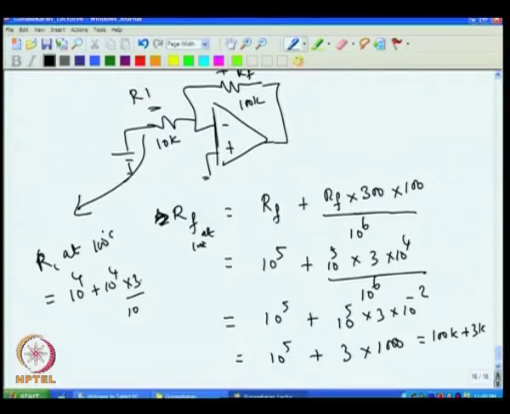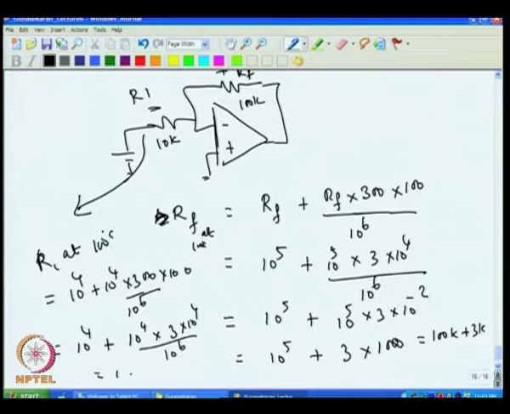So, 300 in 10 power 6 into 100 degree C. If you simplify, you will get 10 power 4 plus 10 power 4 into 3 in 10 power 4 divided by 10 power 6.